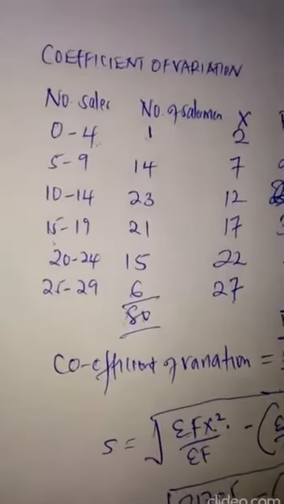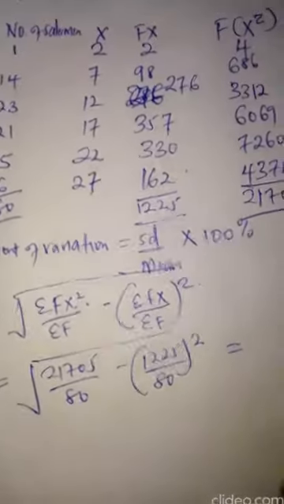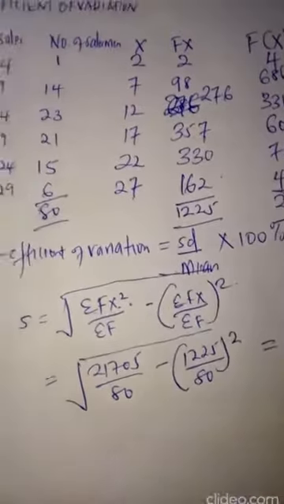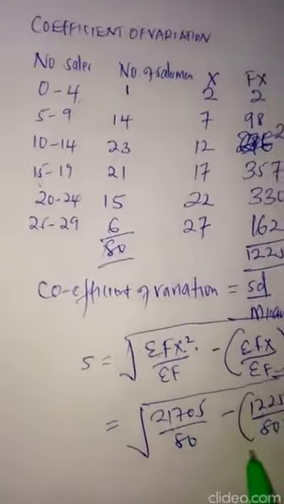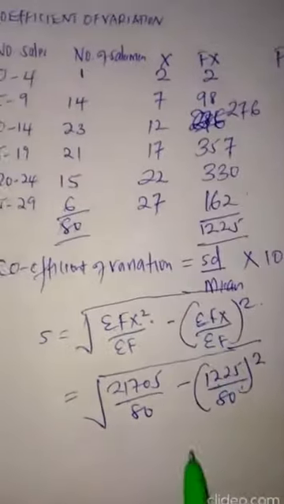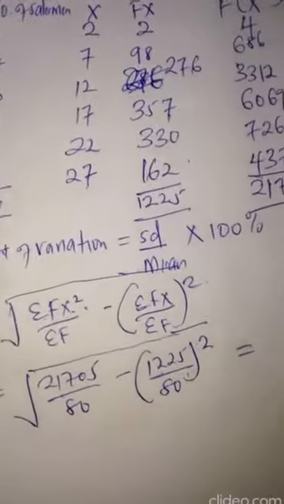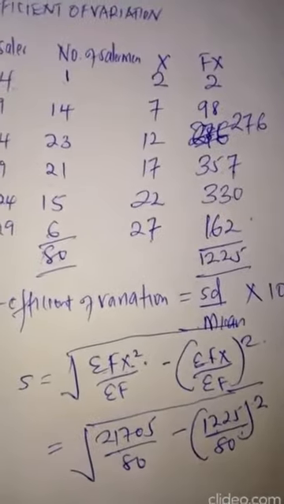Then you're going to square this. Now you use your calculator to do this computation, starting by working out what is inside the square root, and the final answer that you're going to get here will be 6.1. This is the standard deviation.